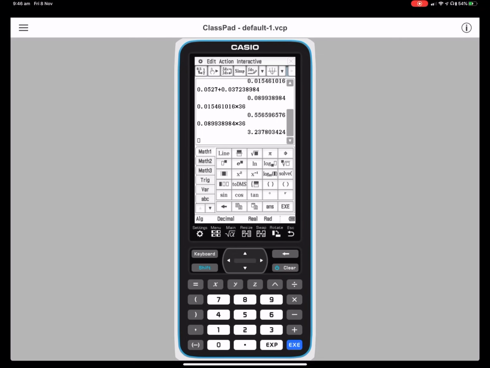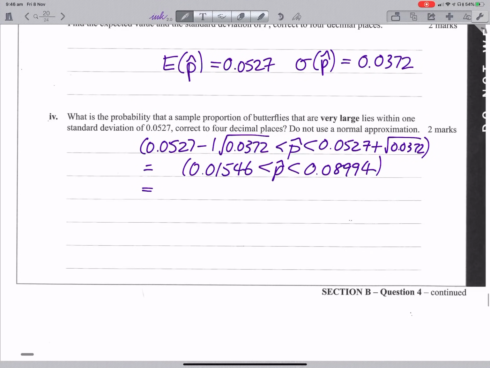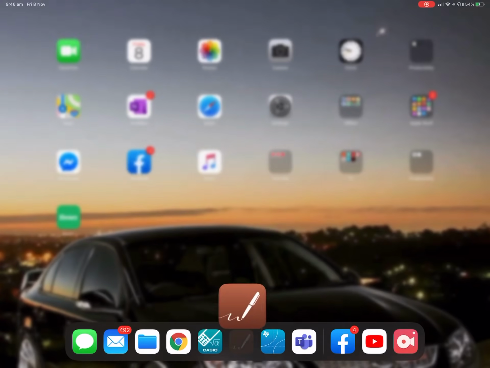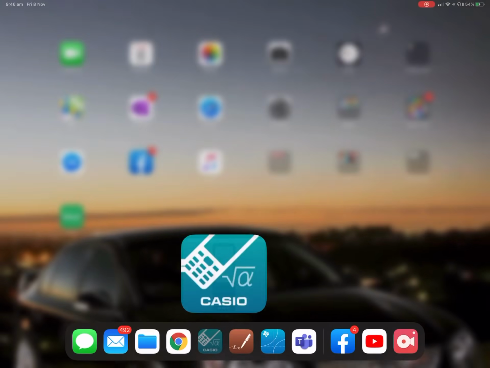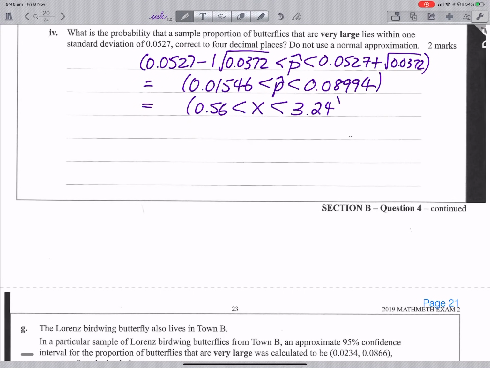So 0.56 is less than, was it 3 point something? 3.237824, which is 1 is less than or equal to x, which is less than or equal to 3.